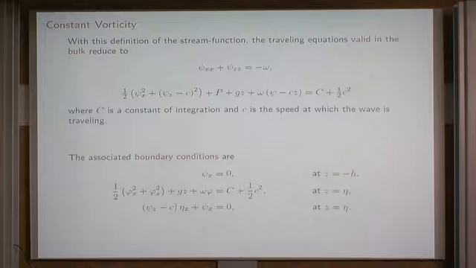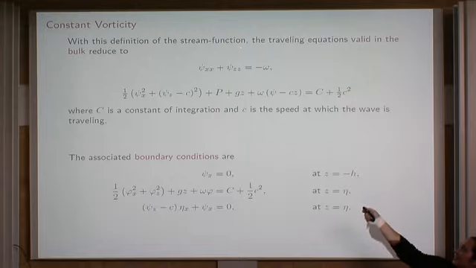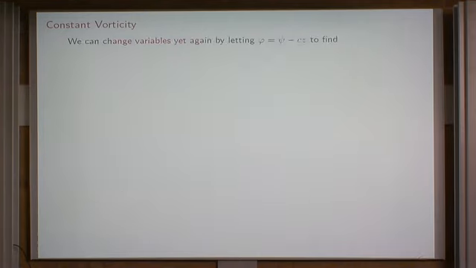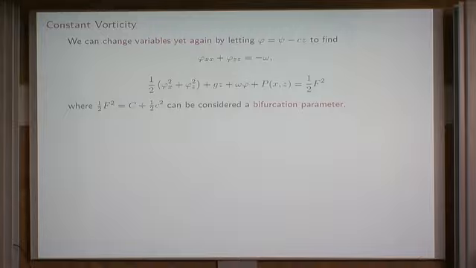So again, it's just sort of this stepping through. First, we go to the stream function formulation, and then we're going to shift that, because what we really want here is something that looks more Laplace-like. So again, we make another change of variable. Bar phi is now going to be psi minus cz.